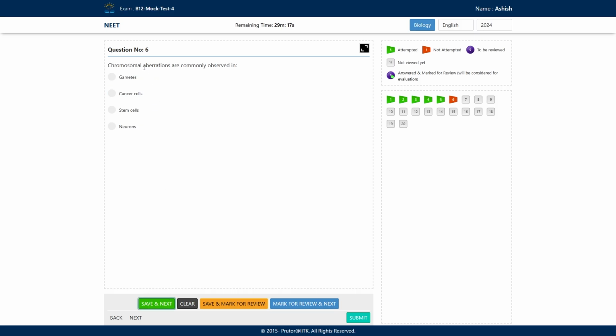Now, next one, chromosomal aberrations are commonly observed in gametes, cancer cells, stem cells, or neurons, also known as the nerve cells. What would be the correct answer here?